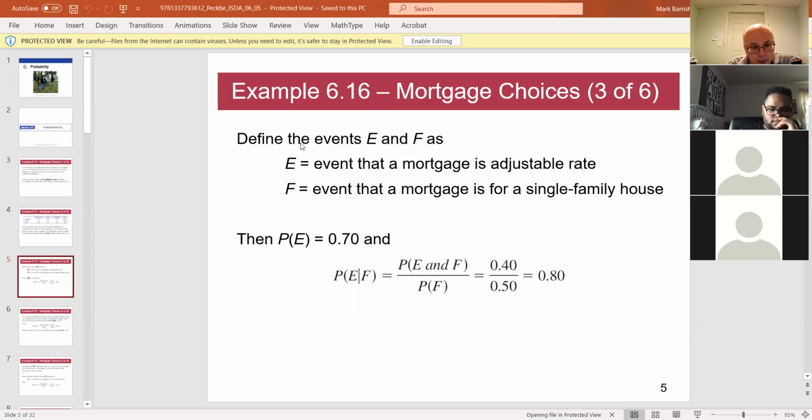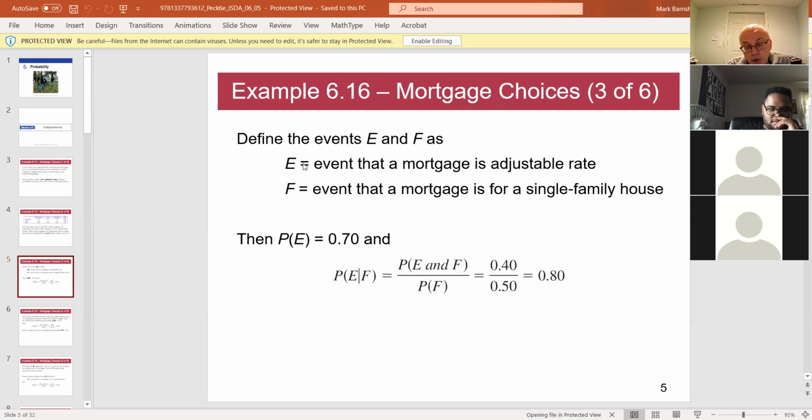So here we're defining events. Remember, we use capital letters to define an event. Event E is the event that a mortgage is adjustable rate, and event F is the event that the mortgage is for a single family house. Now, you might say, well, what about the fixed rate? Why don't we have an event letter for the fixed rate?